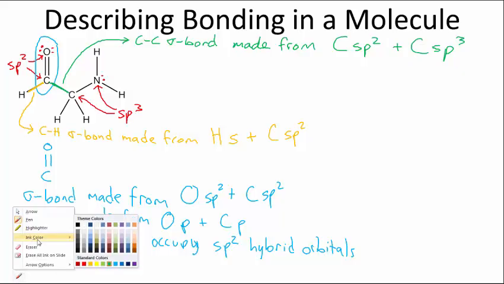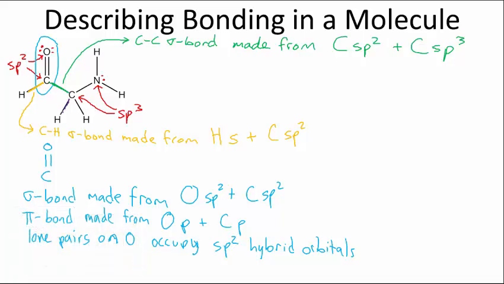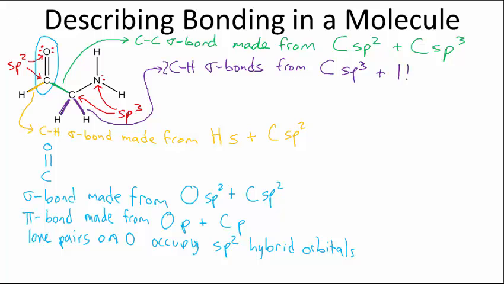All right, so we can just continue on down the molecule. We have two more CH bonds, these ones that I'm highlighting in purple. Those CH sigma bonds are made from carbon sp3 orbitals plus hydrogen 1s orbitals.